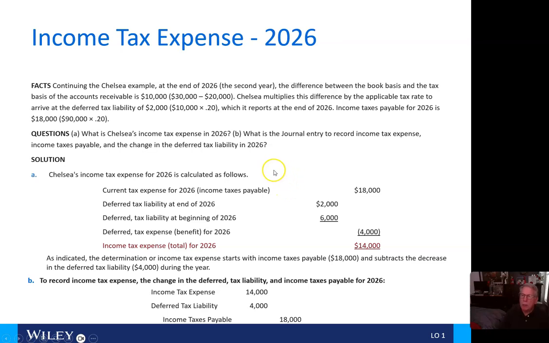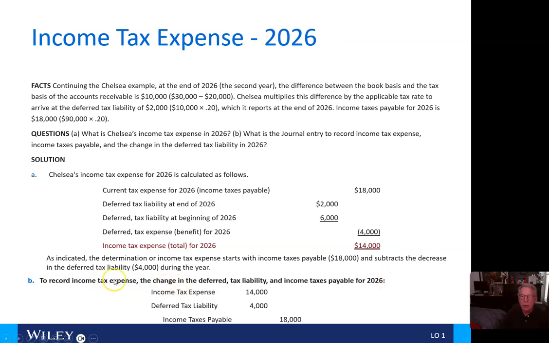Well, Chelsea's income tax expense for 2026 will start with the current tax expense of $18,000. We will take the deferred tax liability at the end of 2026, compare it with the deferred tax liability at the beginning of 2026, and we'll find that we have a deferred tax benefit for 2026 of $4,000, which we can subtract from $18,000 to get $14,000.